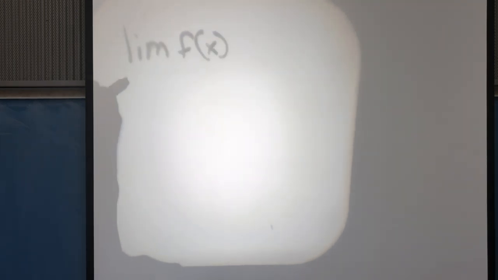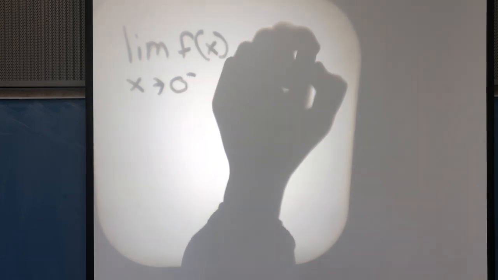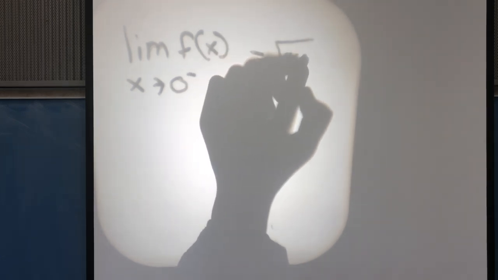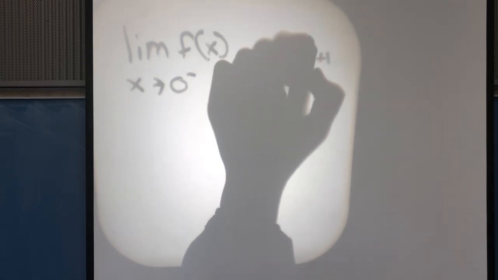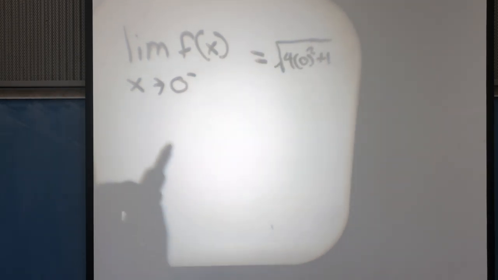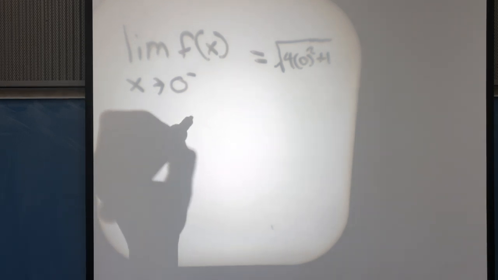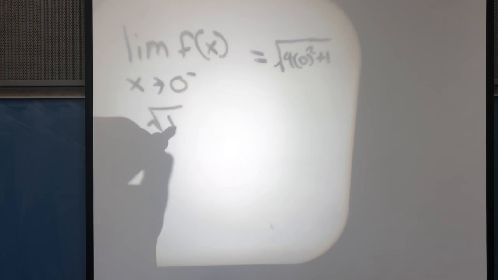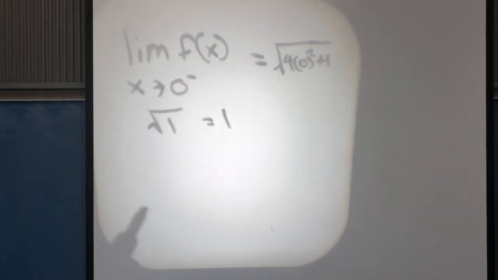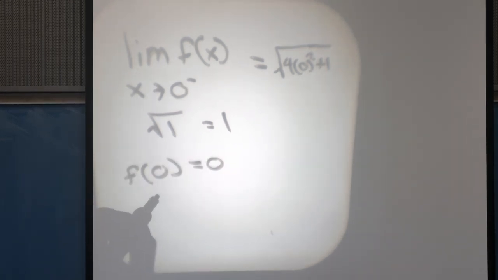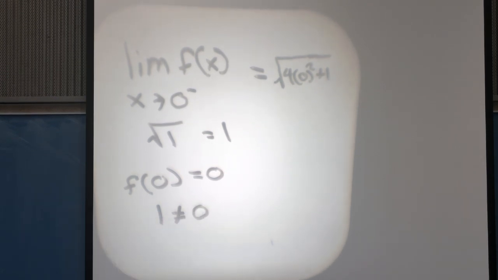The limit of f of x as x approaches 0 from the left is equal to the square root of 4 times 0 squared plus 1. Once this simplifies down, you get the square root of 1, and then that just equals 1. f of 0 is equal to 0, and we see 1 does not equal 0. So we cannot continue, because it's already not continuous.